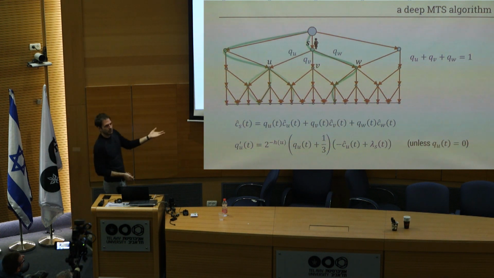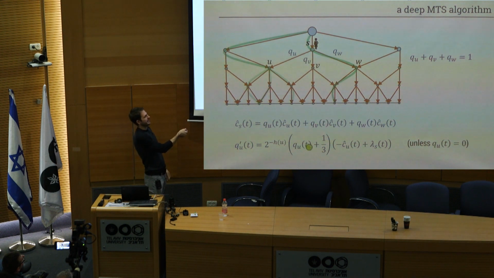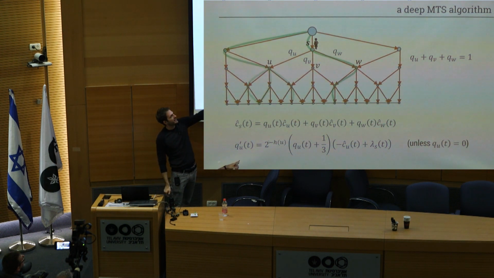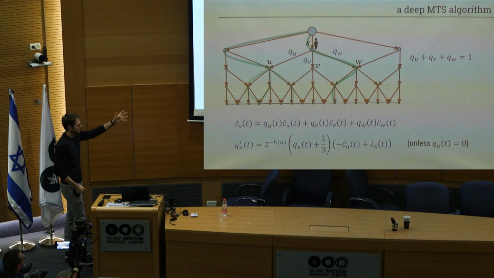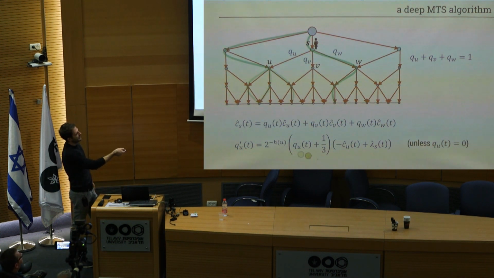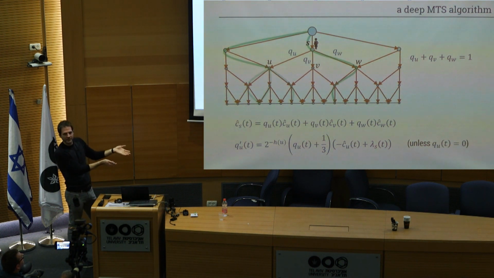Movement is expensive for me, so it makes sense that I'm more hesitant to make changes higher up, because that's going to incur more movement in the distribution below. And it also makes sense that if somebody's reporting to me that they're paying a lot of cost, then I'm going to give them less responsibility proportionally.